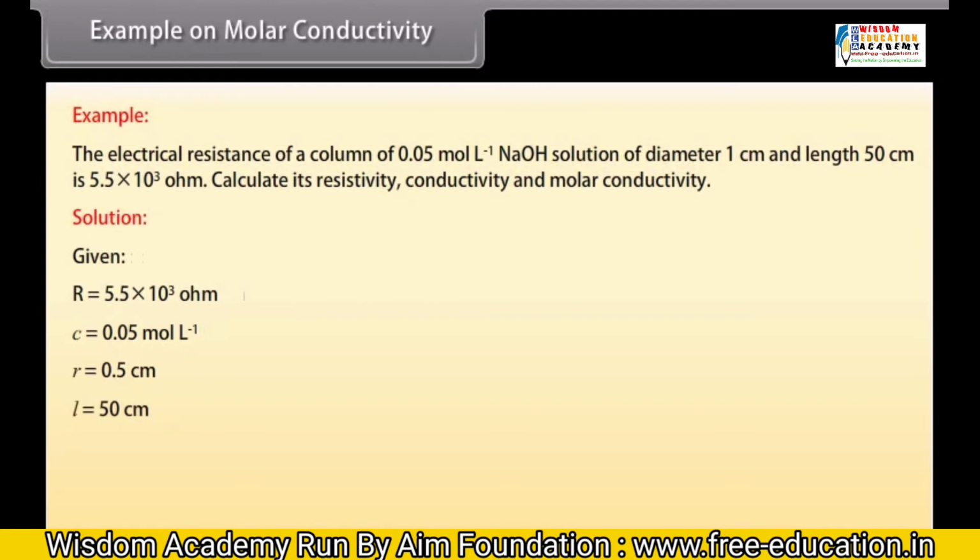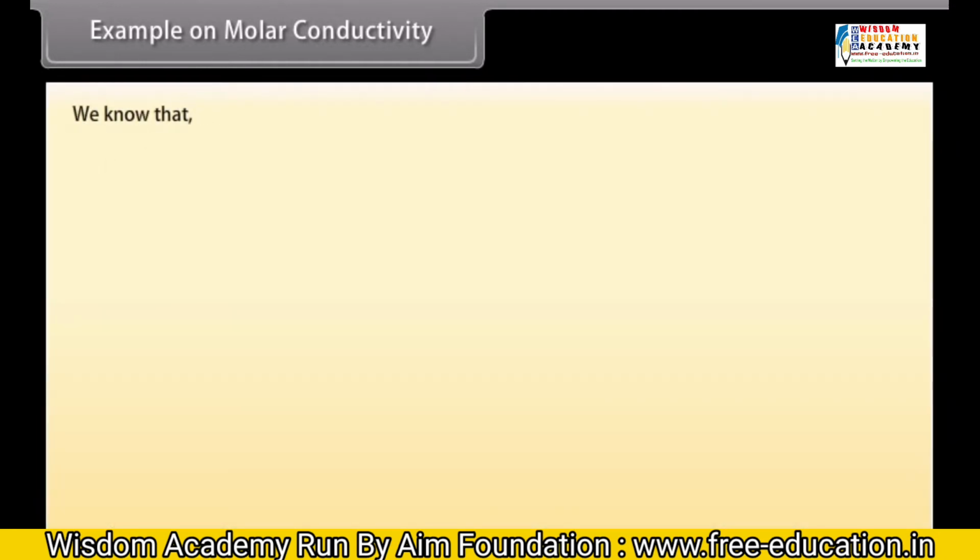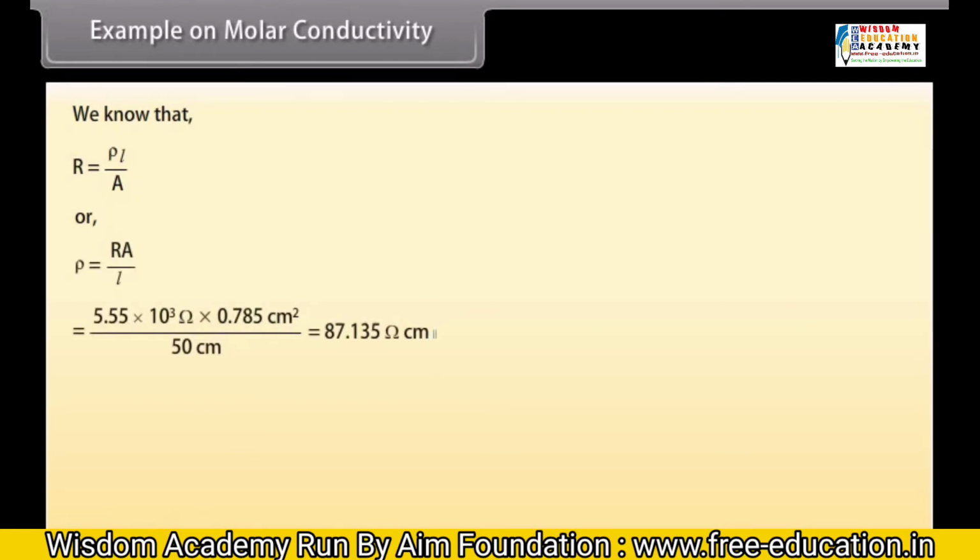We know that area is equal to pi r square. By putting the values we get area is equal to 0.785 centimeter square. We know that R is equal to rho L upon A. By putting the values, we get resistivity is equal to 87.135 ohm centimeter. We know that conductivity is the reciprocal of resistivity.